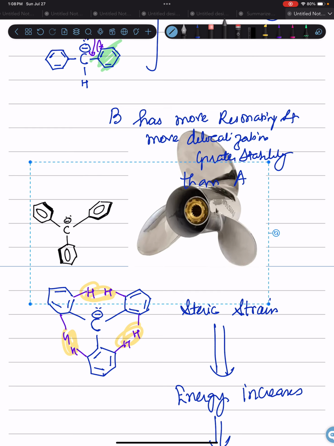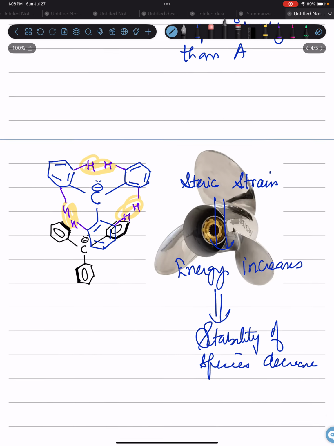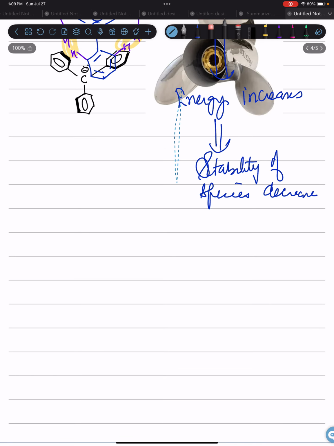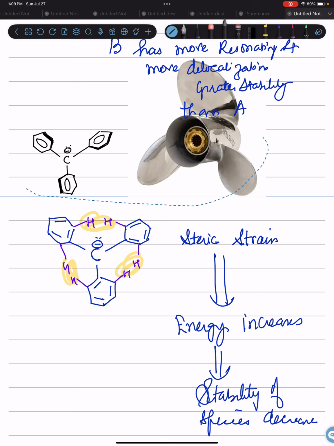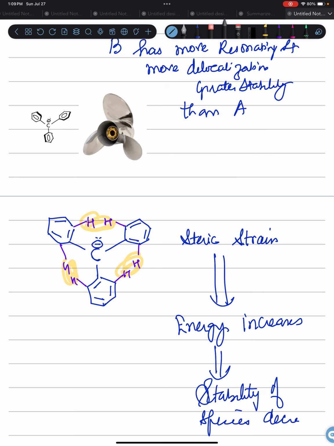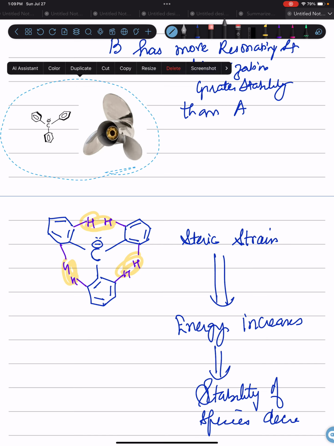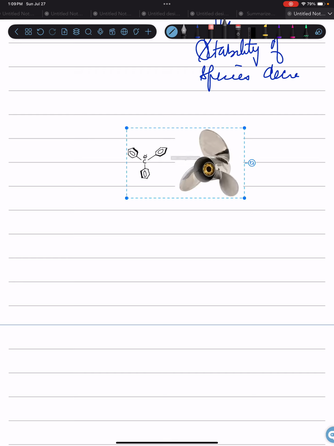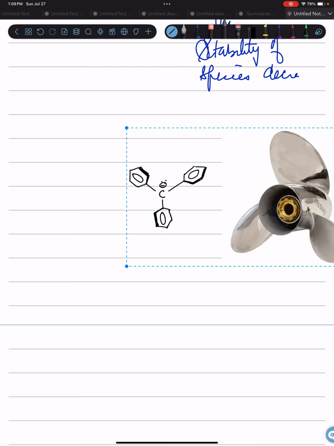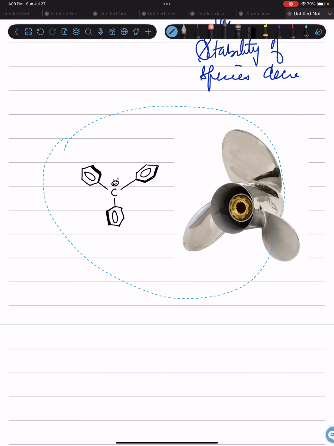So you can see how they are arranged here. So let's cut it and paste it here so that we can clearly see how they are arranged. So they are arranged as a propeller.